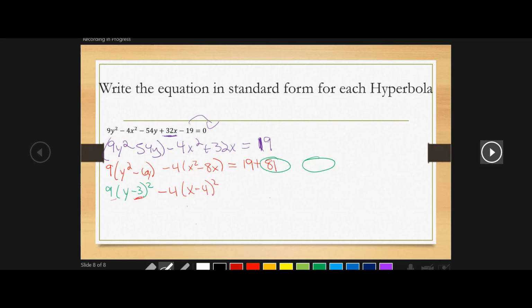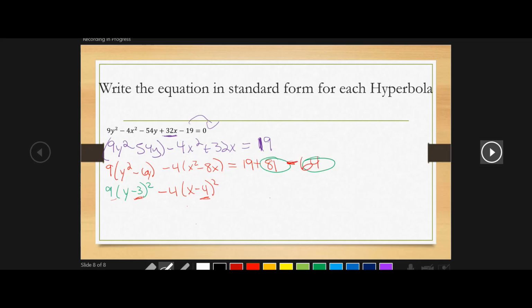So for this one, -4 squared is 16. But again, I'm going to end up multiplying that by a -4. So 16 times -4 is actually going to be -64. So I want to subtract 64 over here.